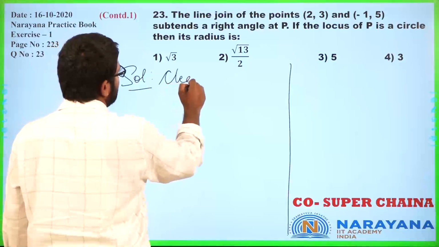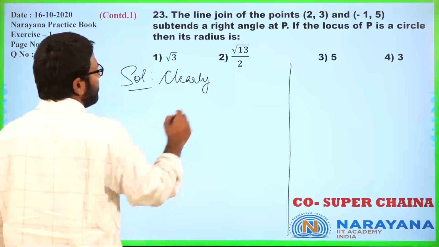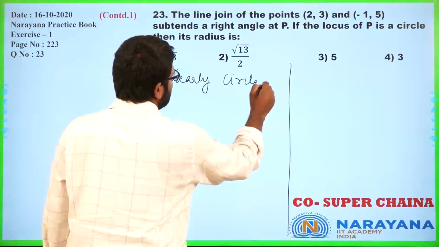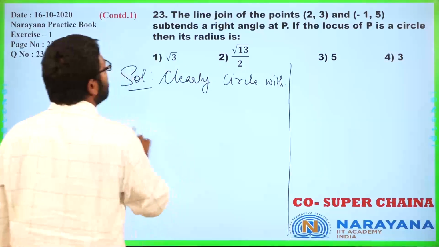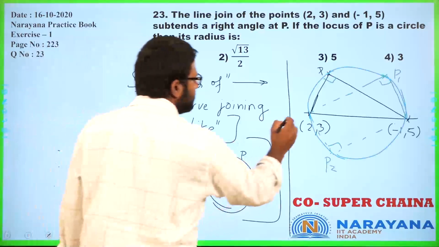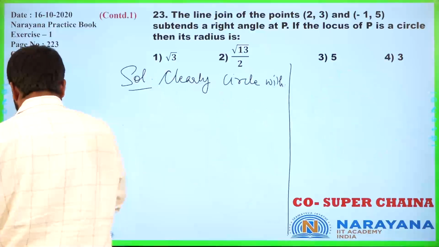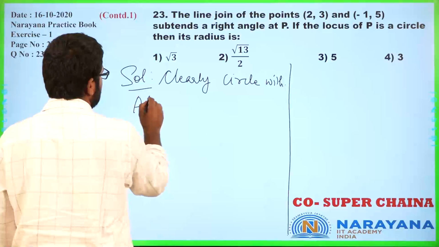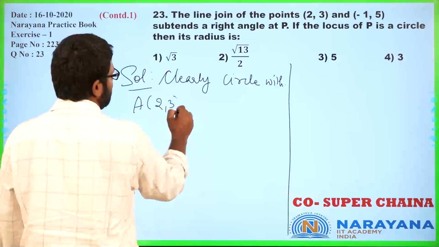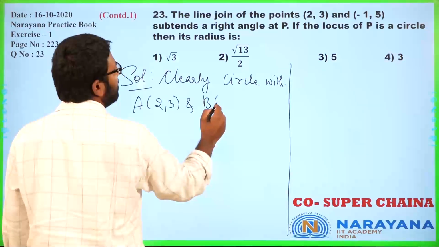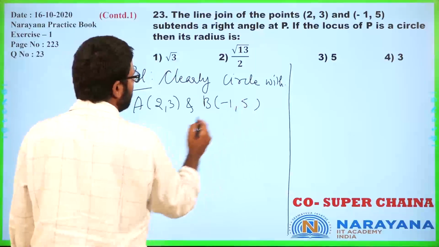Clearly, let us label these 2 points A and B, with A (2, 3) and B (-1, 5).